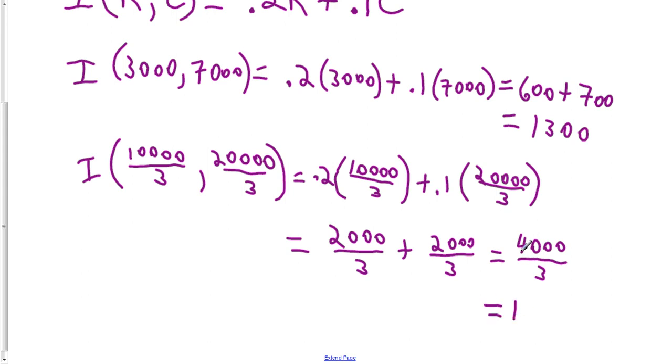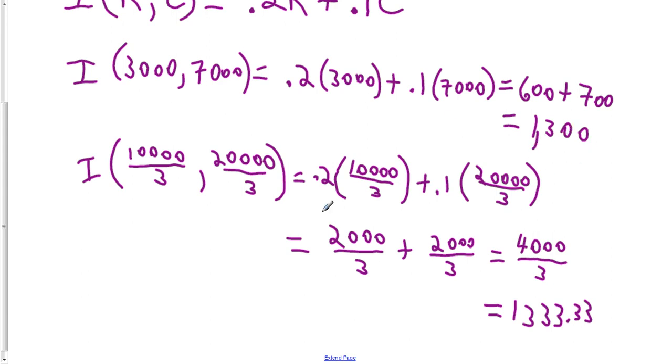Let's see, 3 goes into 4 once, and then we have a remainder of 1/3. So 1/3 is going to make this a bunch of 3's repeating, 3.33.